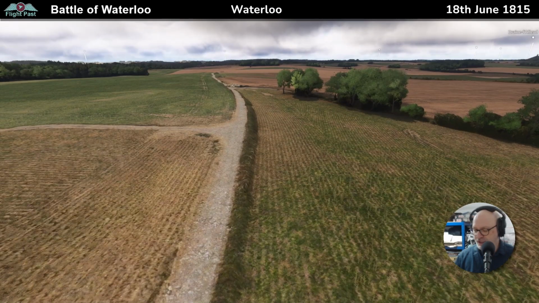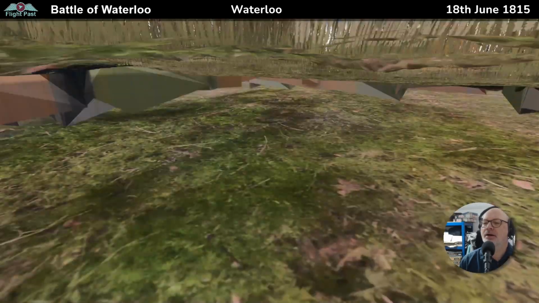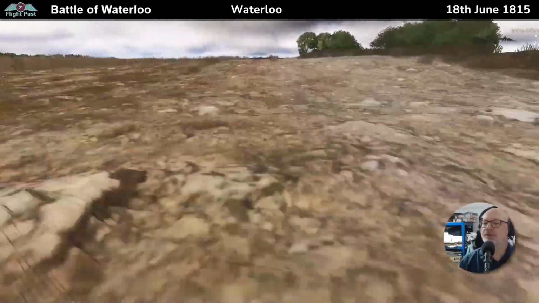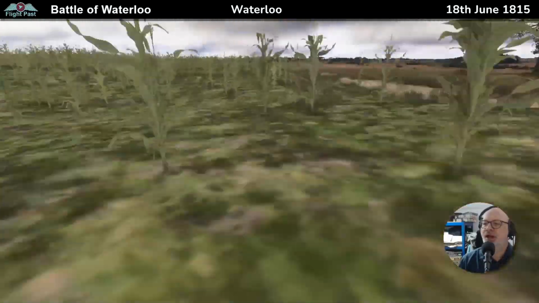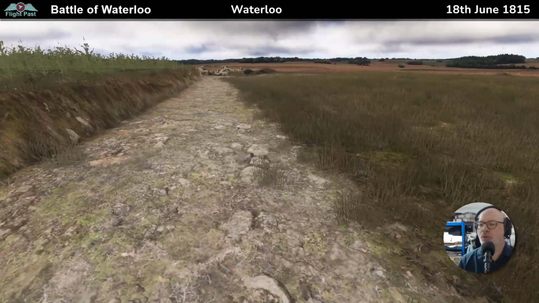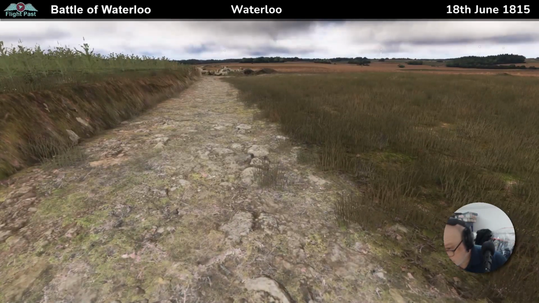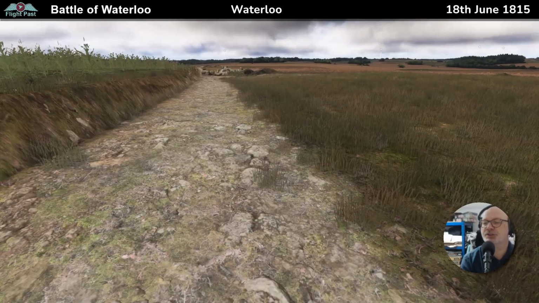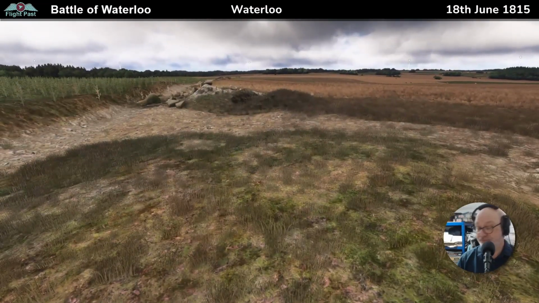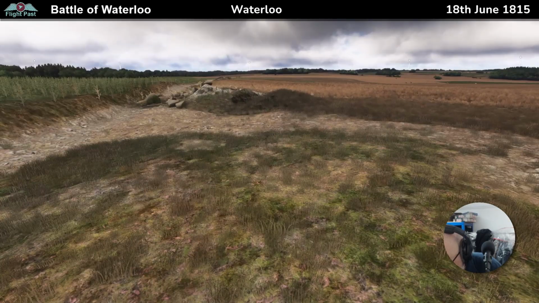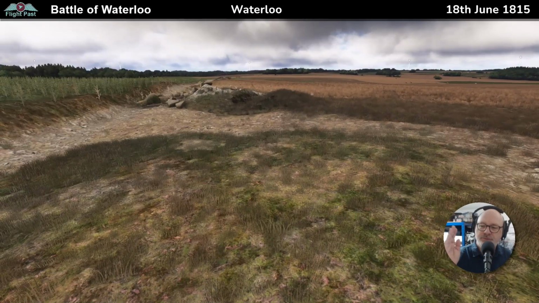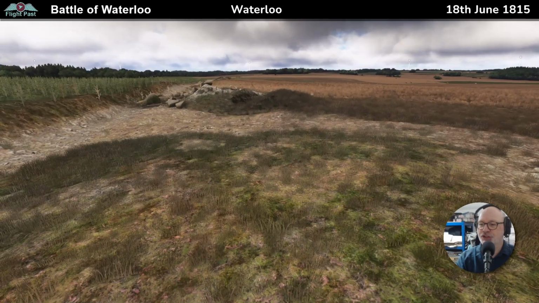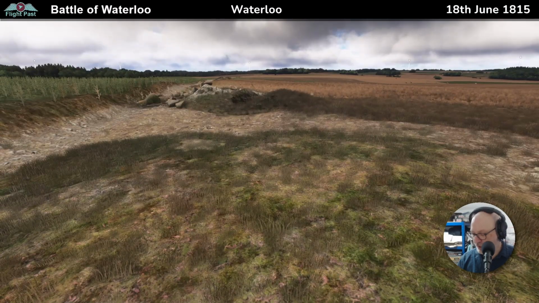You should be able to see, if we go a bit lower, the Prussians come along this road here, and what I'm trying to show you is that if you follow that little road along there where I'm looking right now, you can just see the spire of the church of Plancenoit.